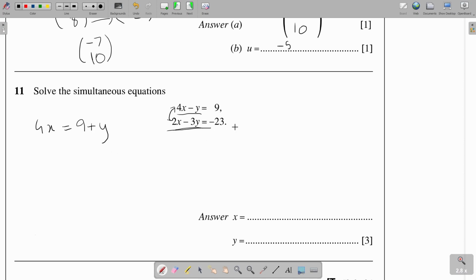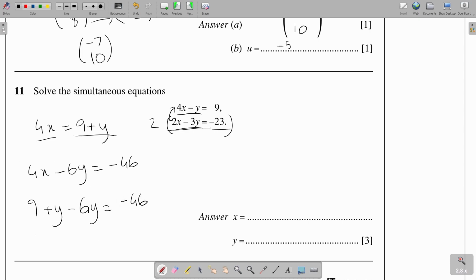Now if I take the second equation and I multiply the entire second equation by 2, I will get 4x minus 6y is equal to negative 46. So now we know what 4x is, so we can just place that in. 9 plus y minus 6y is equal to 46, right?